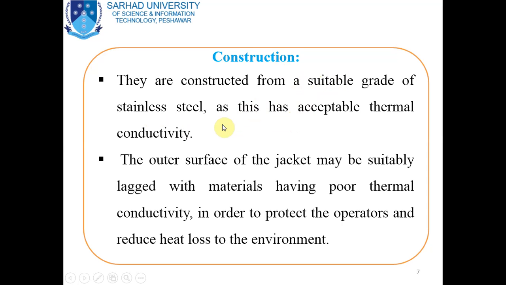Recalling that thermal conductivity indicates the thermal conductance of a material, a suitable grade of stainless steel is selected because of its acceptable thermal conductivity.